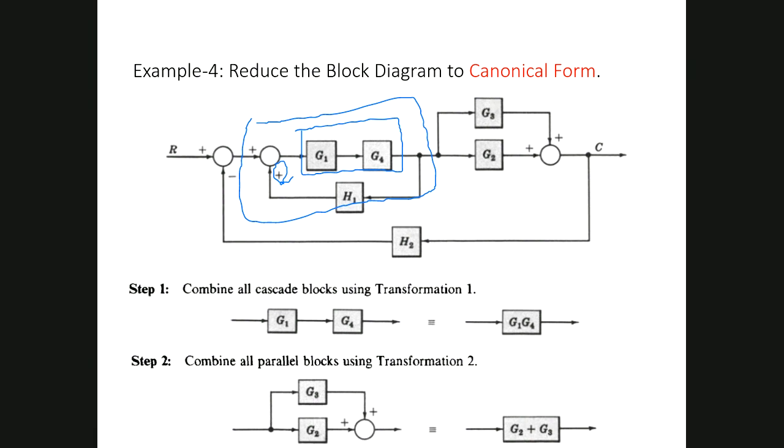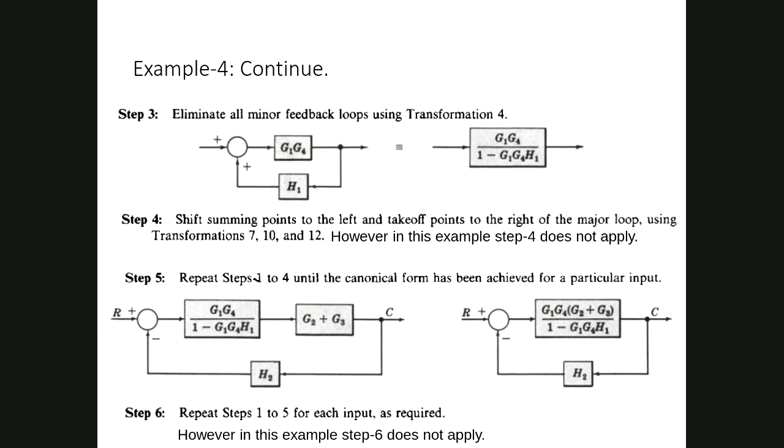Once we do that, then we have this block here in series with this block here with this feedback. We can combine these two blocks in series by multiplying them, and then we can also take the feedback. So it is a kind of iterative process. We can replace it with this, and then we'll have this in series with this with feedback. Again, this is just multiplying the two of them because it is cascade.